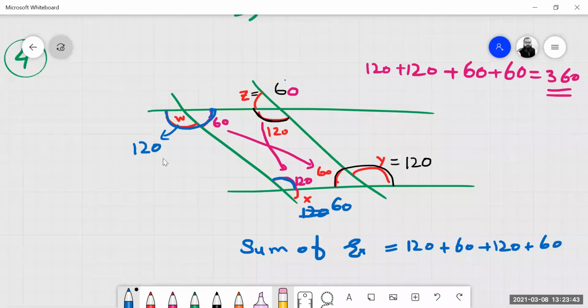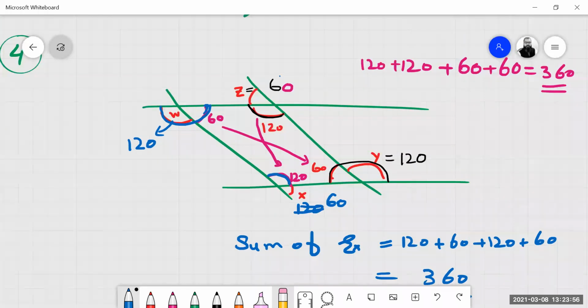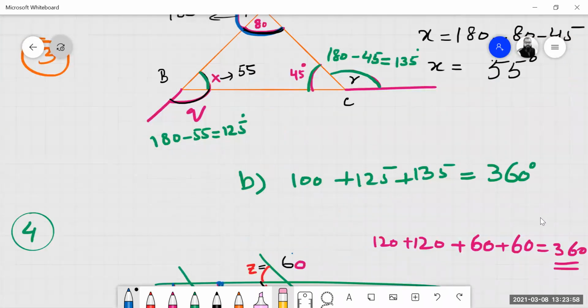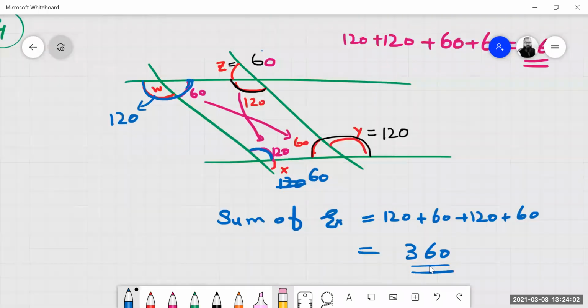Okay, what is the sum? 360. The sum of exterior angles is 360. Look here, the sum of the exterior angles of a triangle is 360. The sum of the exterior angles of a quadrilateral or parallelogram is 360 also.